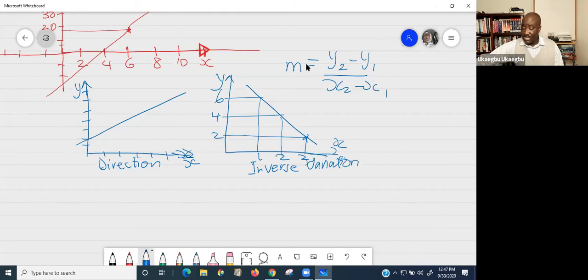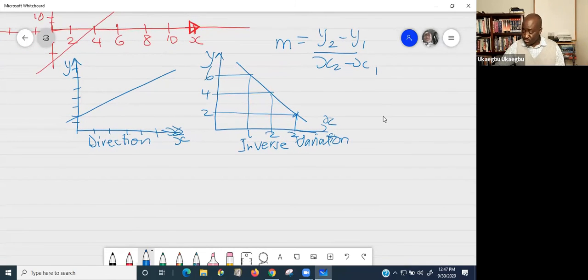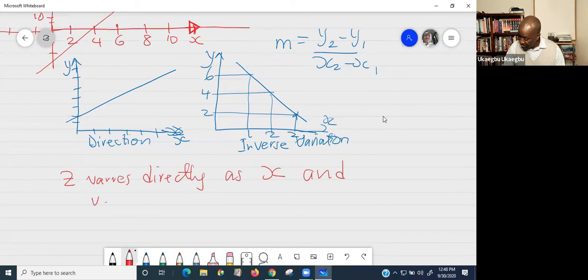For example, the function z varies directly as x and varies inversely as y.